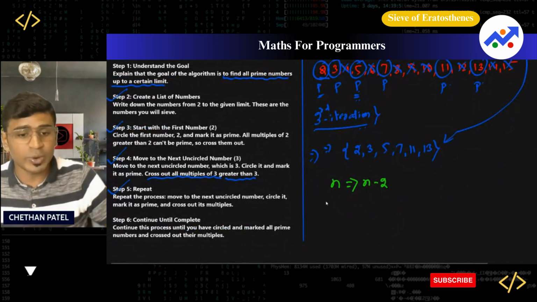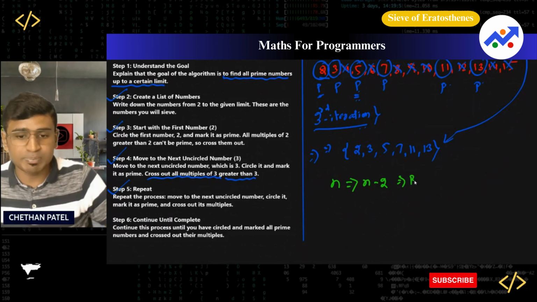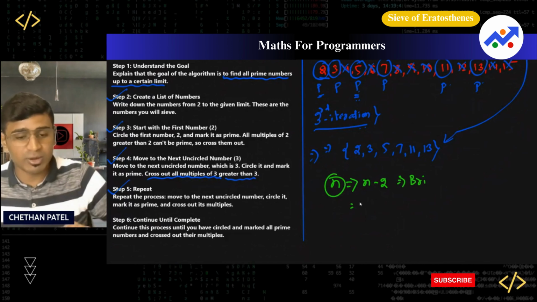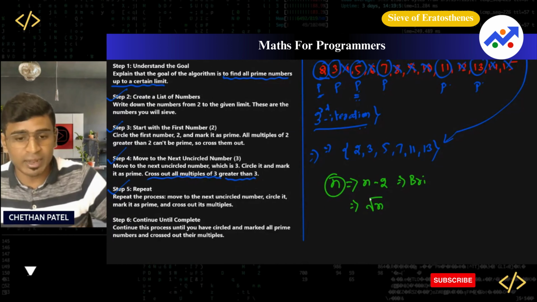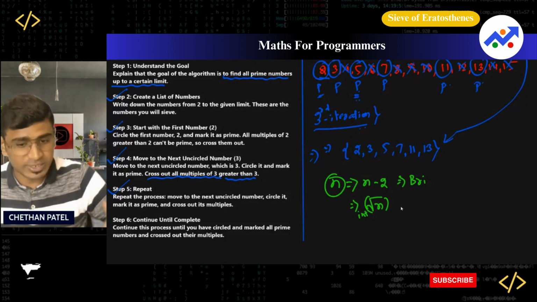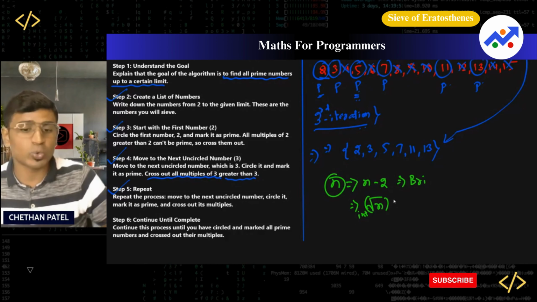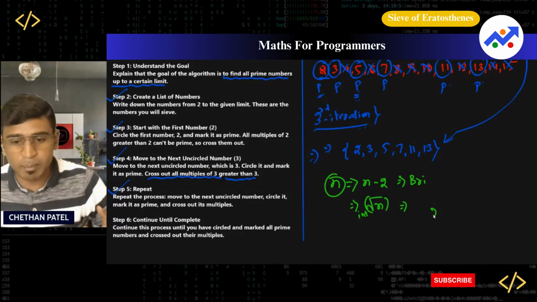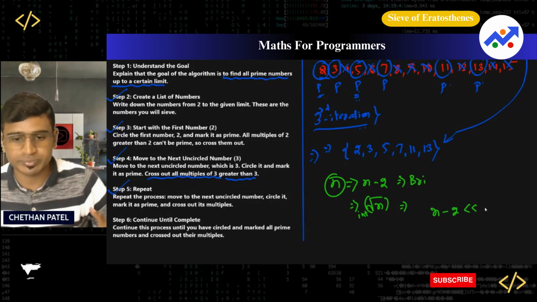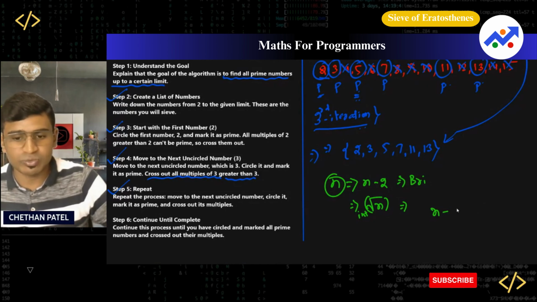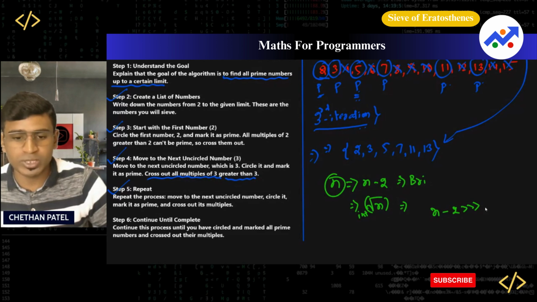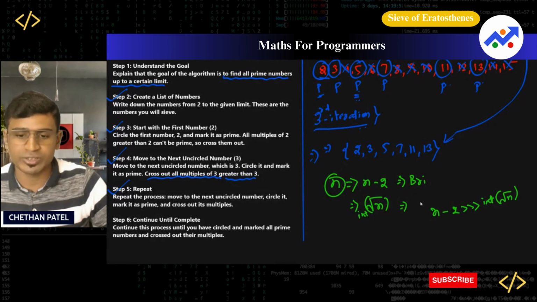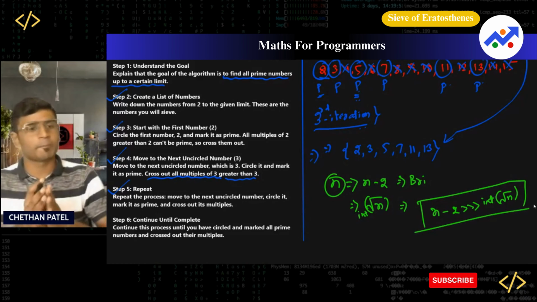But with this approach, you just need int of root n iterations, the integer of root n times, which is very small compared to n minus 2, which is very big. This is how I can write this mathematically.